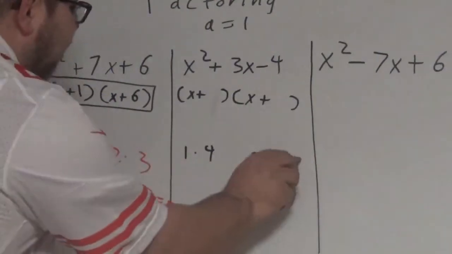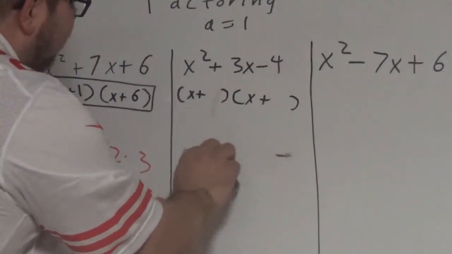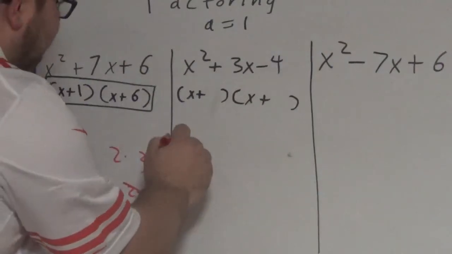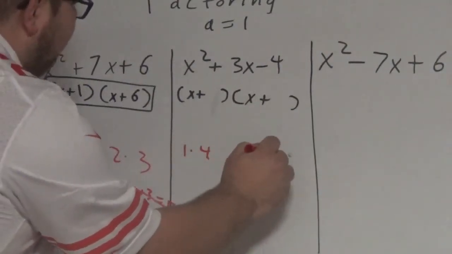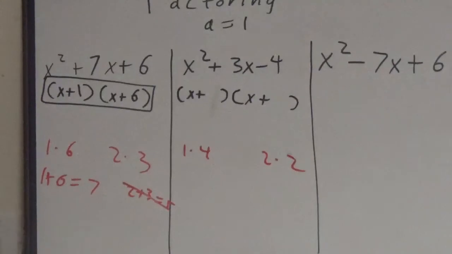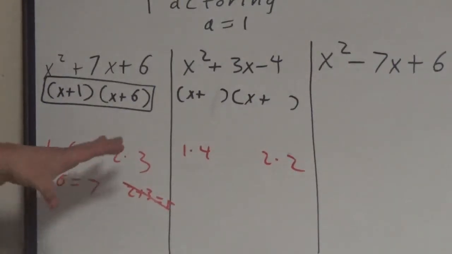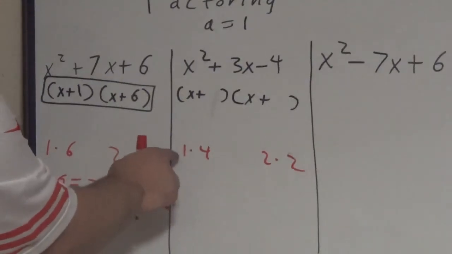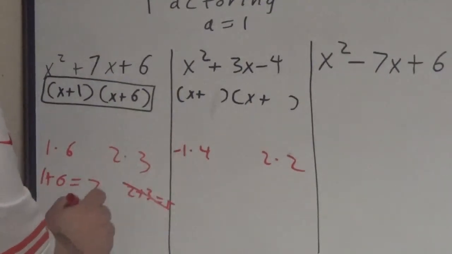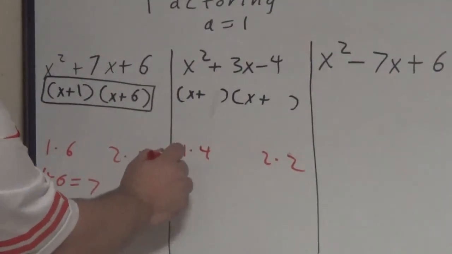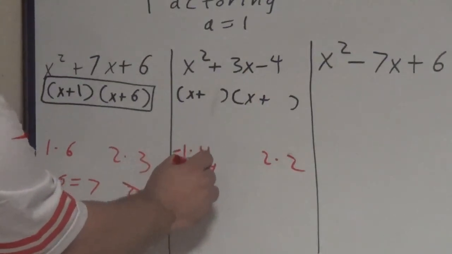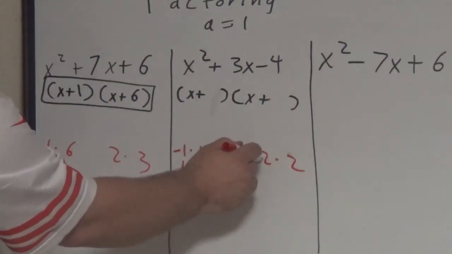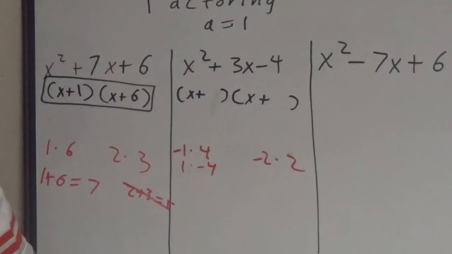Let me put those in red to make them stand out a little better. 1 times 4 and 2 times 2. Of course those give us +4. We want to make -4. So we could do -1 times +4, and we can do 1 times -4. We can do -2 times 2.